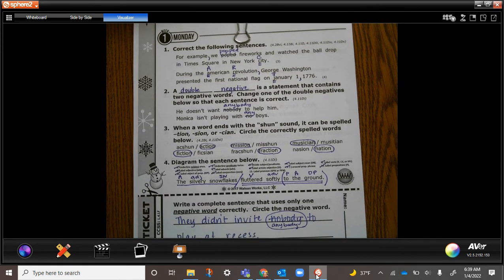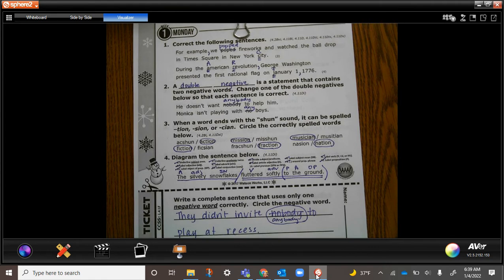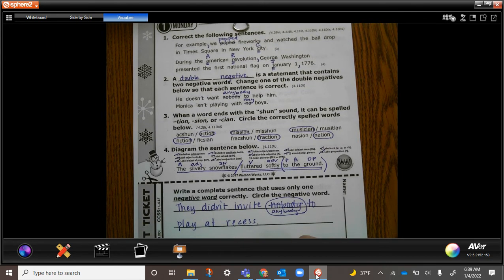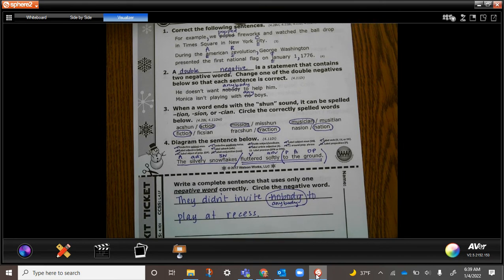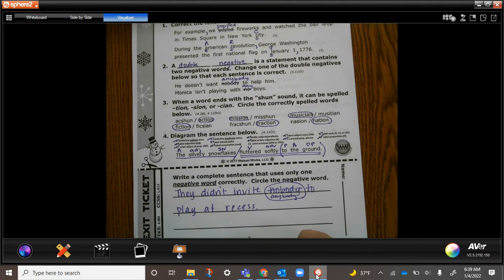And then we diagrammed the sentence. The silvery snowflakes fluttered softly to the ground. So we were looking at the subject, the predicate, the subject noun, the verbs, the articles, article adjectives, the adverbs, the adjectives, prepositional phrase, preposition, all of those. Labeled that.